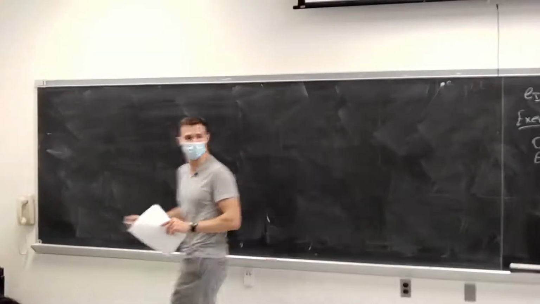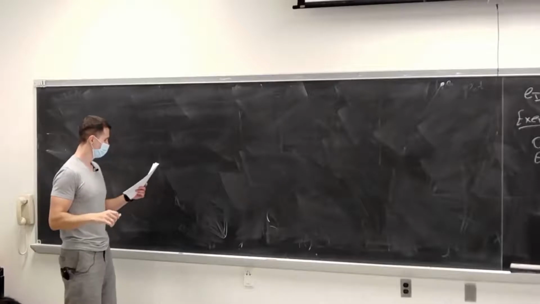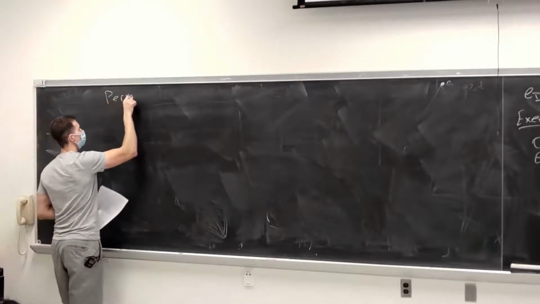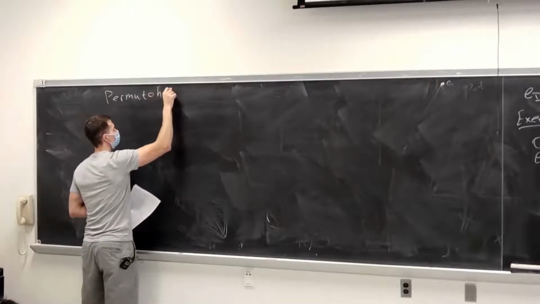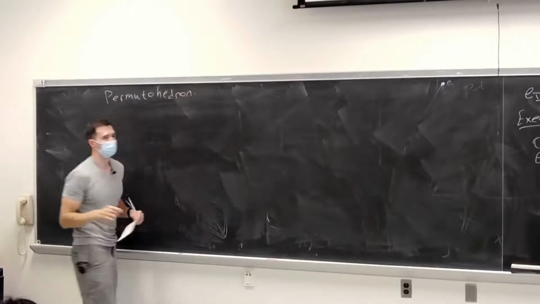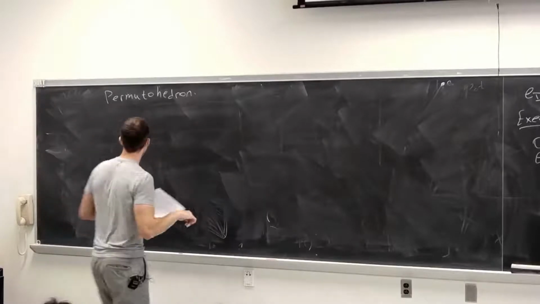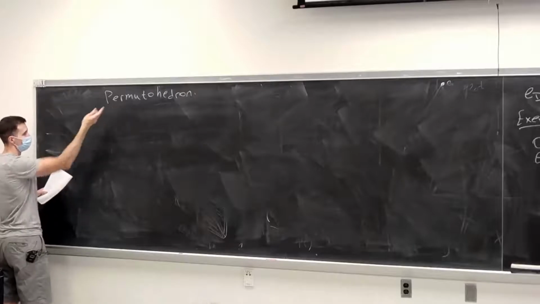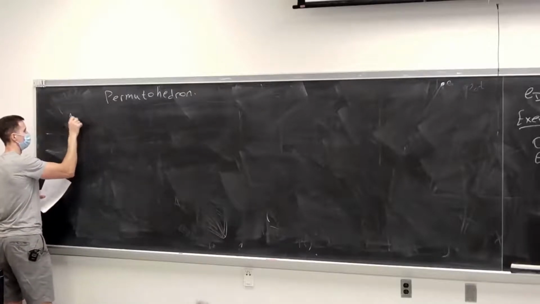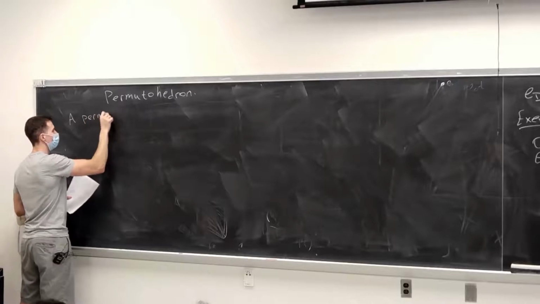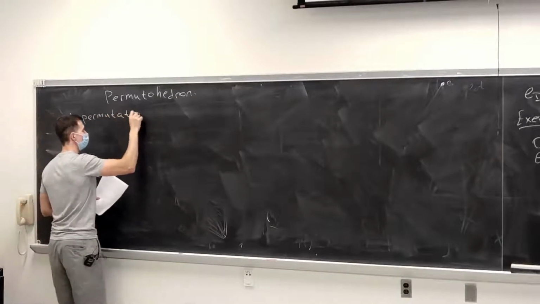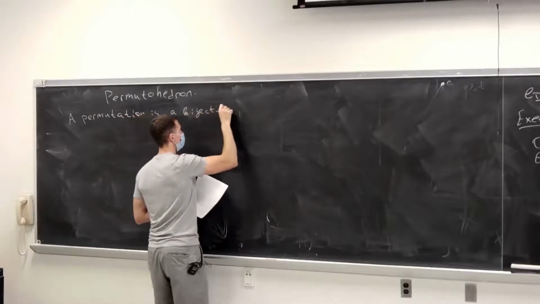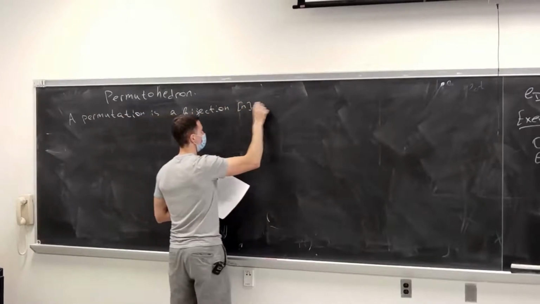Okay, no questions? Now I'm going to talk about, I guess, my favorite polytope. This is the top one, the Permutahedron. What is the Permutahedron? Well, first of all, it has to do with permutations. A permutation, in case you forgot, is a bijection from [n] to [n].